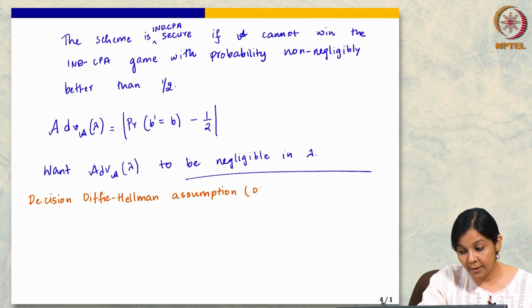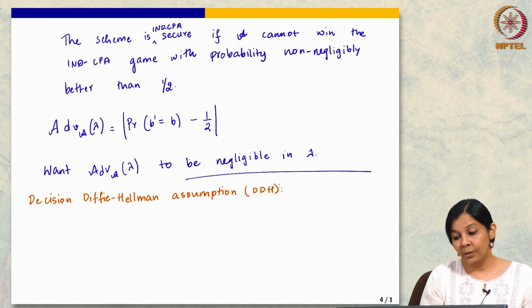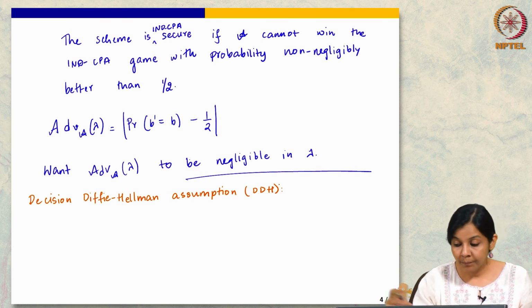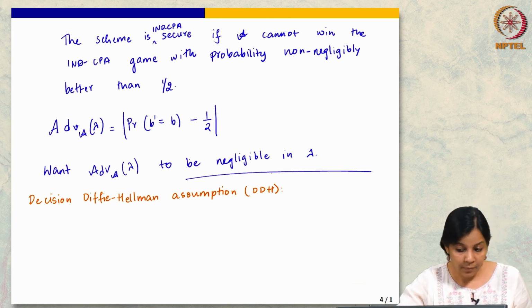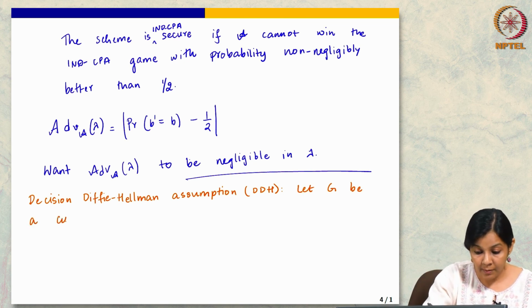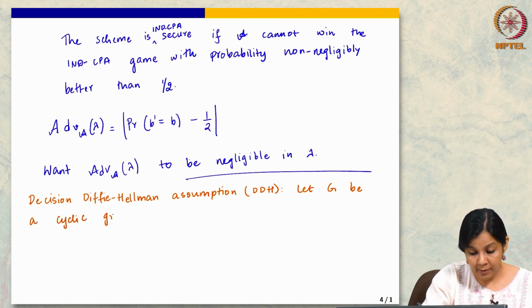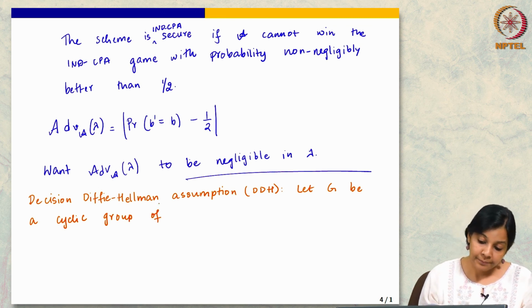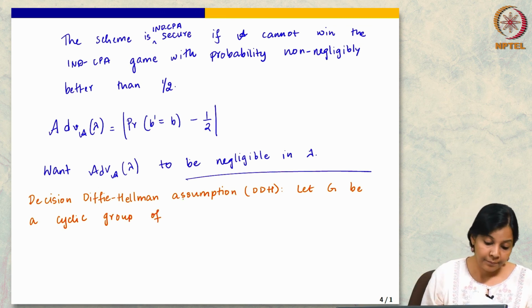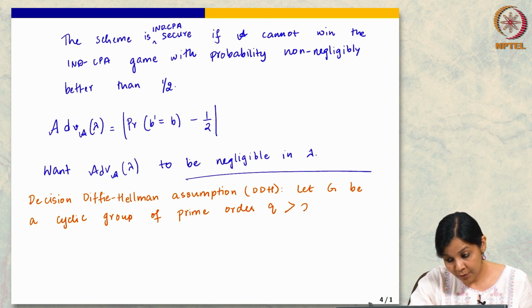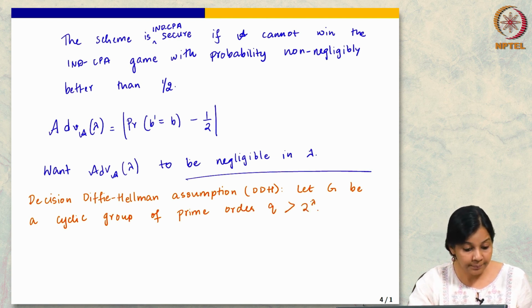This is a really nice assumption which has been used a lot. Let G be a cyclic group of prime order Q which is greater than 2 to the lambda.